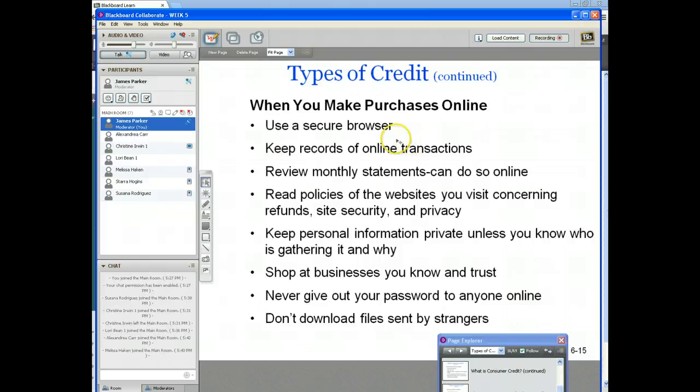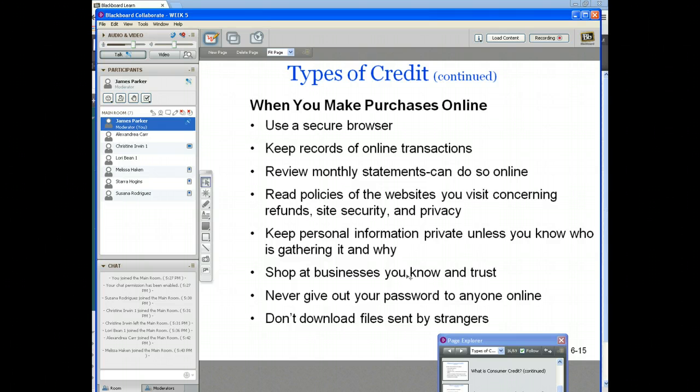So, when you make purchases online: secure browser, keep records, review monthly statements, everything we just talked about. Keep personal information private, and deal with businesses you know and trust. If you are using some of these flaky ones, PayPal's got a little bit more protection, if you're familiar with that. It's an online bill service, and they don't actually get to see your bank account information.